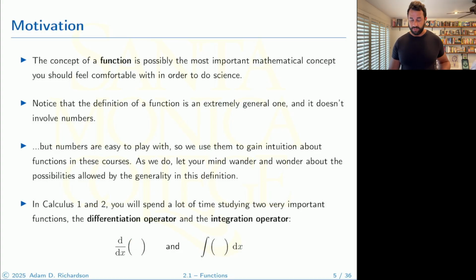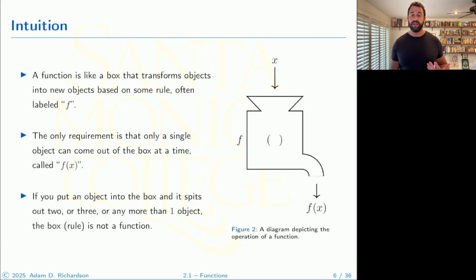All right? So maybe for a little intuition, you can think of a function like a box, and that box transforms objects into new objects based on some rule that we often label f for function, because it's a good label to put on the box.